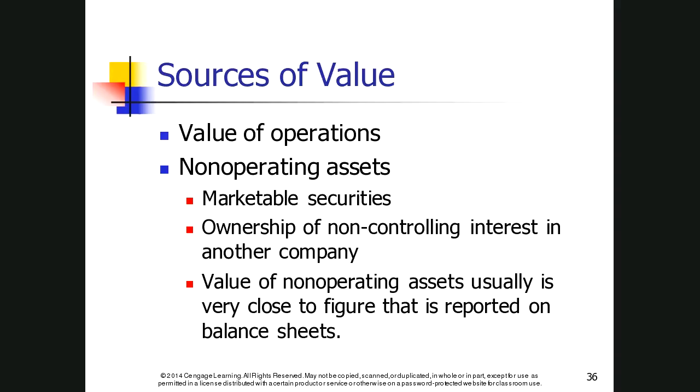Okay, so some part of the value, again, can be coming from the marketable securities. So they can hold a company's stocks and bonds and things like that. And they can come from the ownership of non-controlling interest.